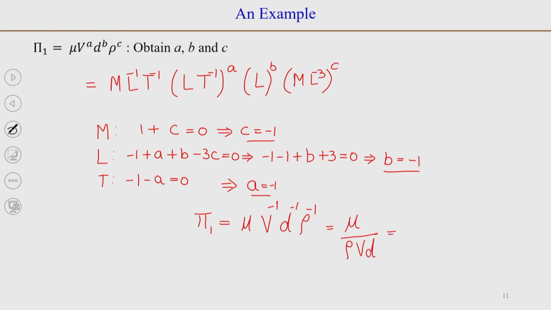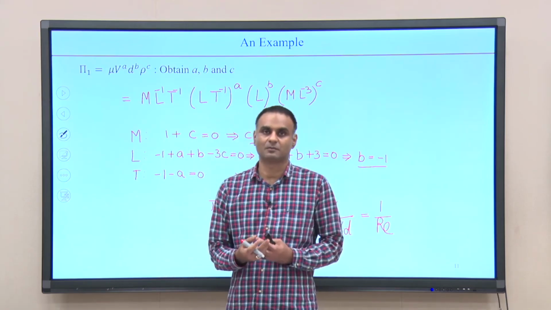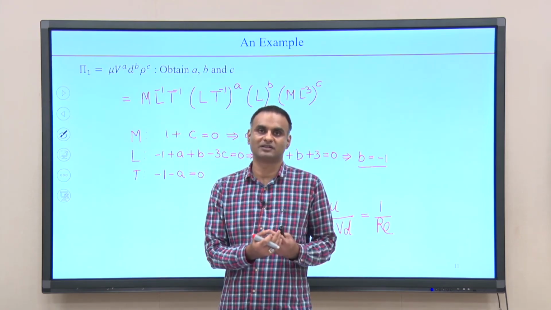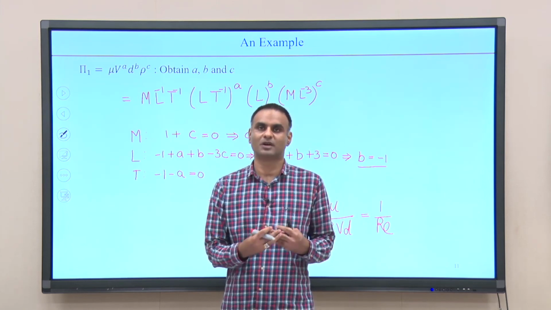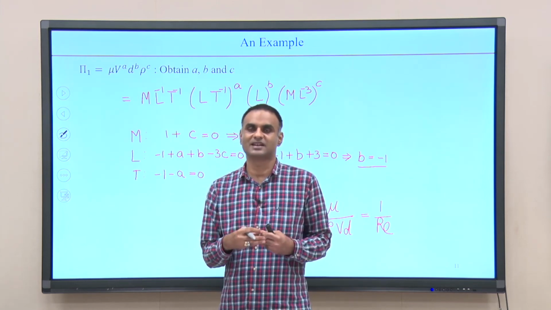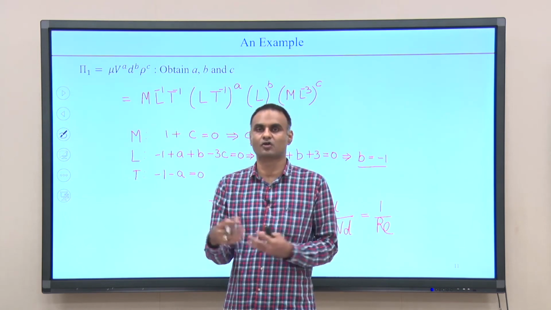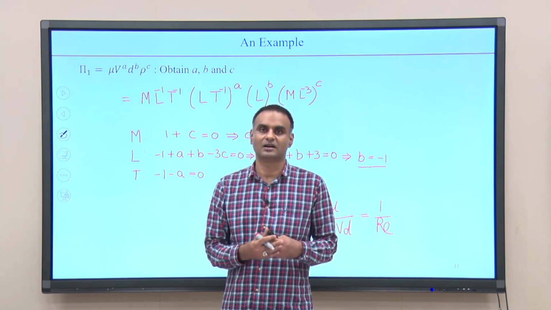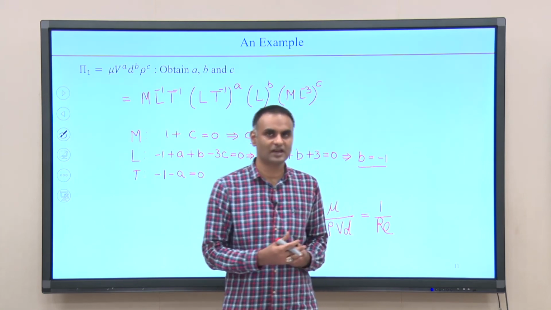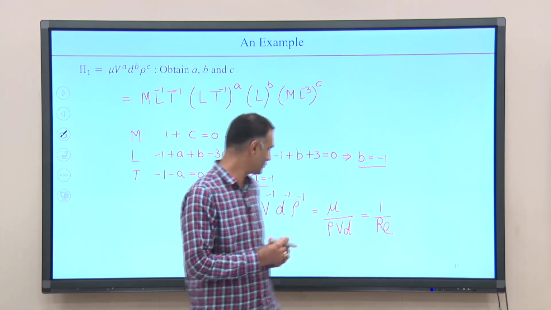If you recognize this, this is 1 over Reynolds number. When we obtain a dimensionless group, we can obtain it in terms of Reynolds number or 1 over Reynolds number. Both mu over rho v d and rho v d over mu are dimensionless, so we have obtained the same dimensionless group.